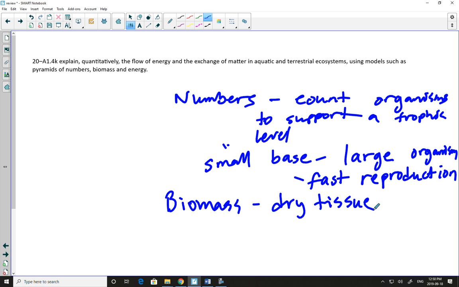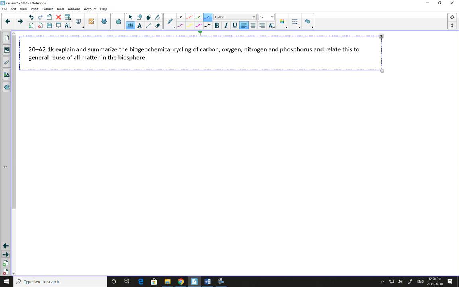You can still have the smaller base above, or sorry, below the next trophic level. What? Just without water. The leaves still have a lot of water, yes, but they still have a lot of matter. I don't know. Oh, I missed one, sorry.